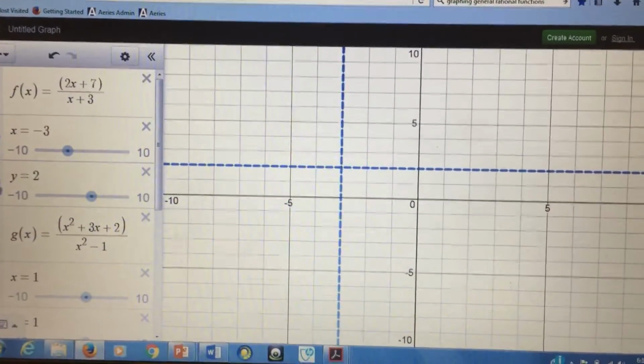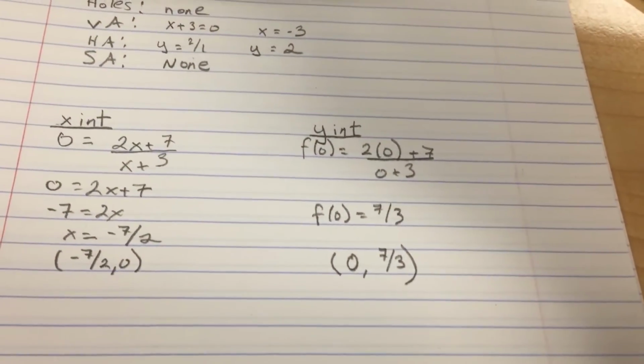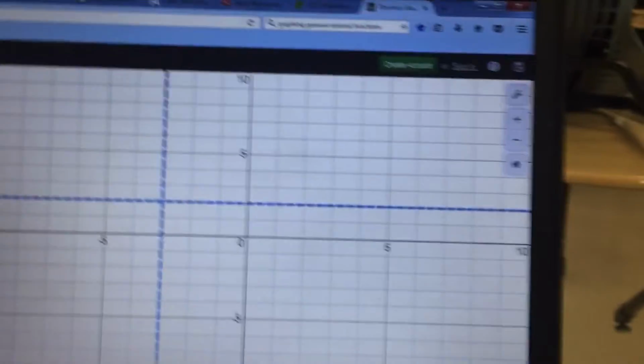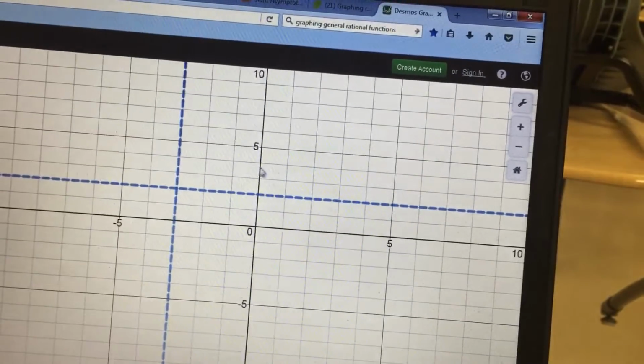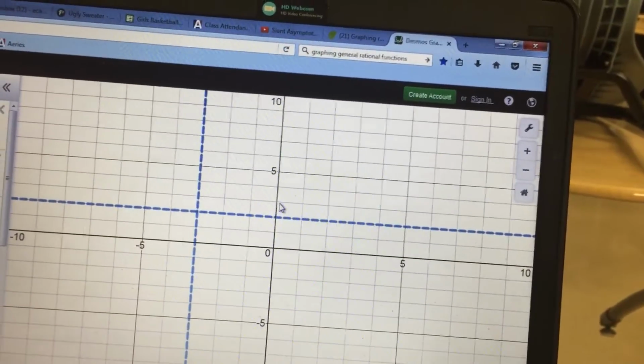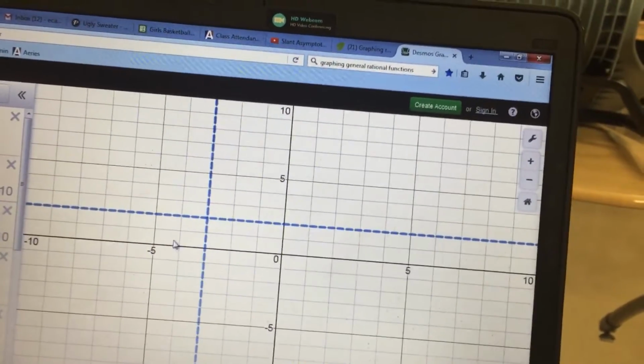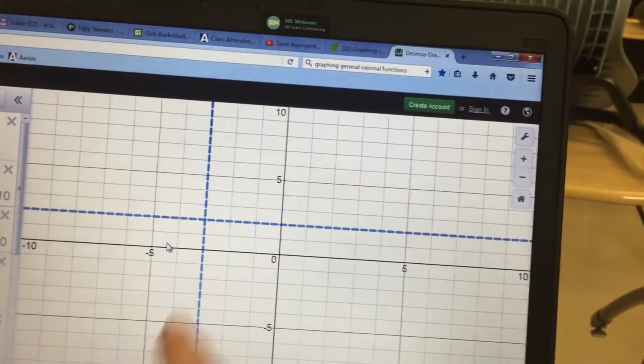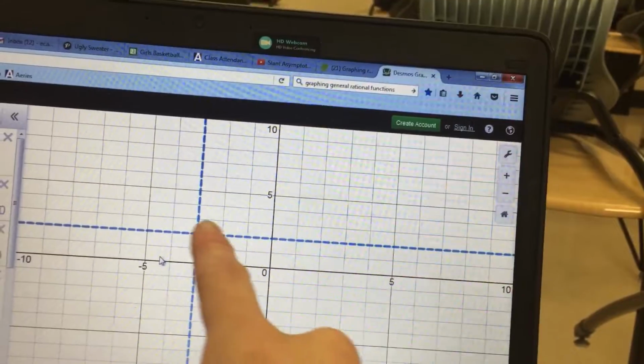Now, I would be plotting these points. I'd be plotting -7/2, 0 and 0, 7/3. 0, 7/3 is going to be somewhere above here. And -7/2 is going to be somewhere down here. So that would dictate kind of where my graph is going.